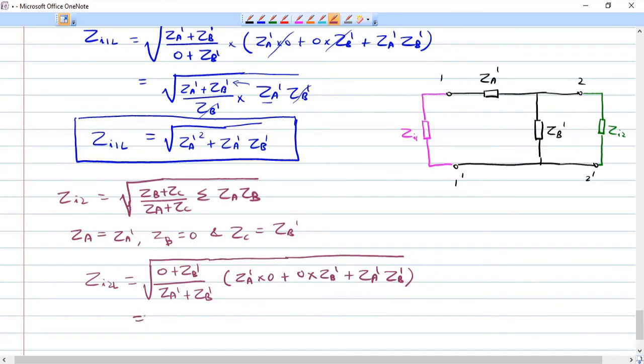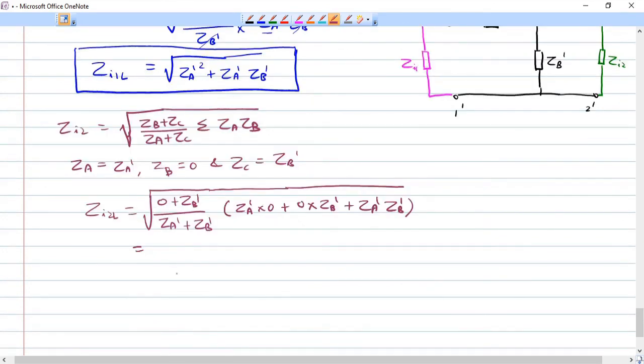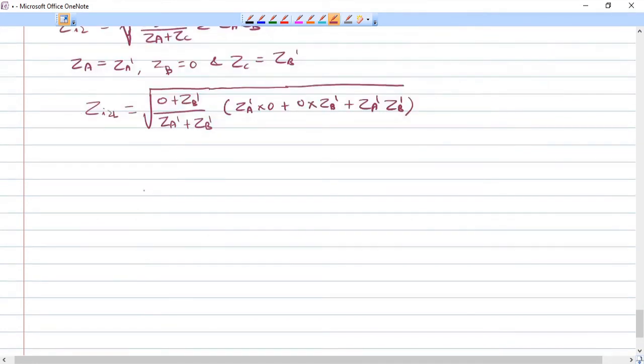So this expression will turn out to be equal to root of Zb dash in the numerator and Za dash plus Zb dash in the denominator, multiplied with Za dash into Zb dash. We will cancel these terms.